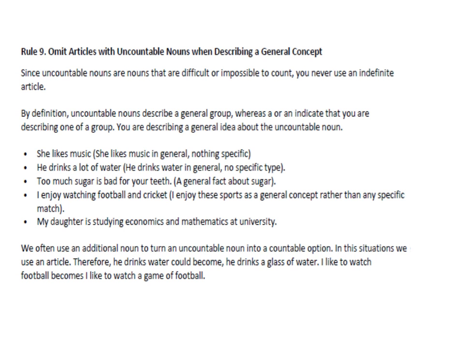By definition, uncountable nouns describe a general group, whereas a or an indicate that you are describing one of a group. You are describing a general idea about the uncountable noun. She likes music. She likes music in general, nothing specific. He drinks a lot of water. He drinks water in general, no specific type.